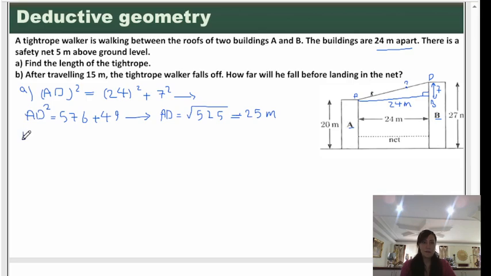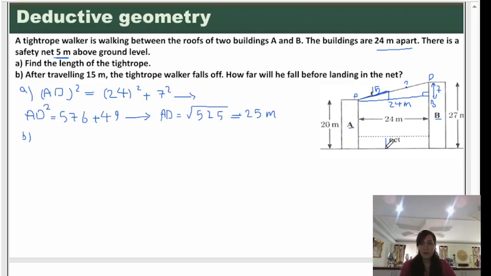For part B, it asks: after traveling 15 meters, the tightrope walker falls off. How far will he fall before landing in the net? We know the question says the net is 5 meters above ground level.